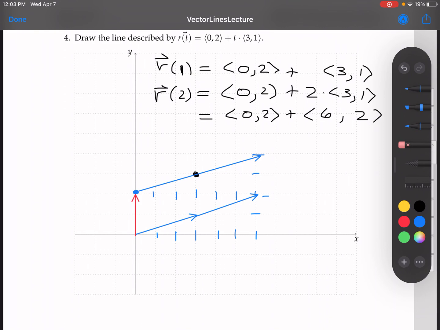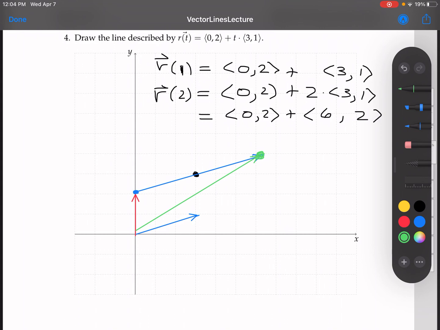Now cleaning things up a little bit, and drawing again their sum, the sum of 2 times 3, 1 plus 0, 2, or 2 times the blue plus the red, gives us that point there.